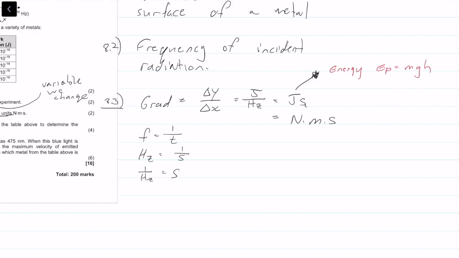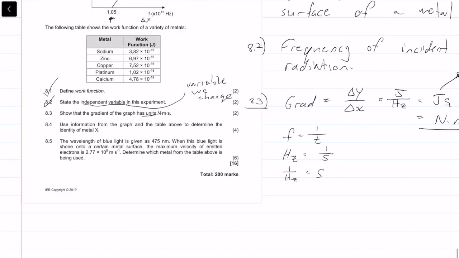Here m and g give a Newton, and h is a meter. So the unit of joules is Newton meter. So we have Newton meter seconds as our answer, and we've proven that. Cool stuff.